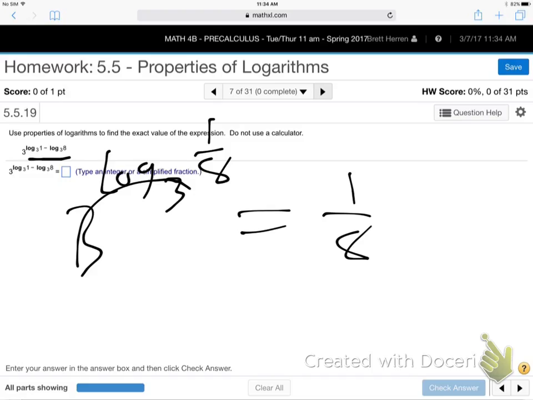Easier operation for 2 logs, subtraction, becomes dividing 1 divided by 8 for 1 log. Harder for 1 log, dividing. Easier for 2, subtraction. And then these cancel like we learned earlier: when the base and the log base match, you just cancel them. It's 1/8. I was going to do something different. Very good. So that's the easy way to go.